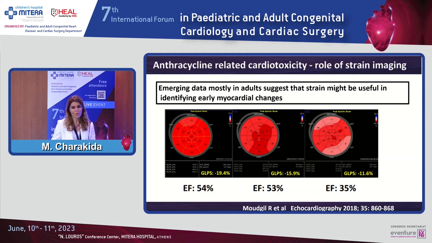I'll give you an example of this study published in Echocardiography in 2015, where you will appreciate that whilst ejection fraction remains the same, 54 and 53%, the strain has reduced in the middle. So if we had this measurement, we could have introduced treatment rather than waiting till the ejection fraction is down to 35% or the GLS to the values that treatment might not be responsive, at these late stages.